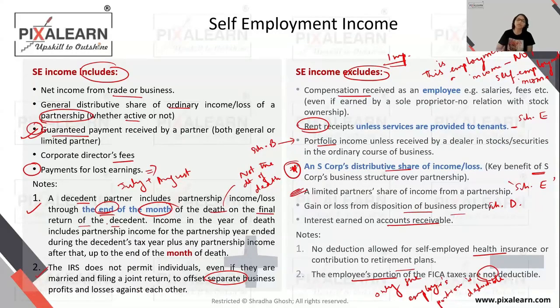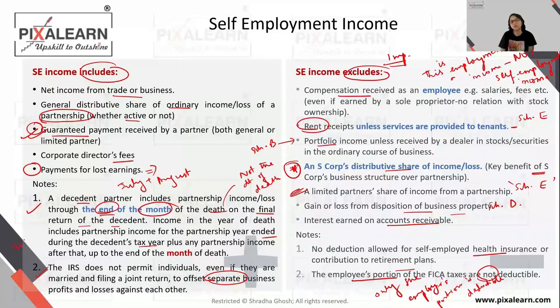So the final return that will go for 31st December for the partner Ben would include his share till the month end of the year of death. Income in the year of death includes partnership income for the partnership year ended during the decedent's tax year.